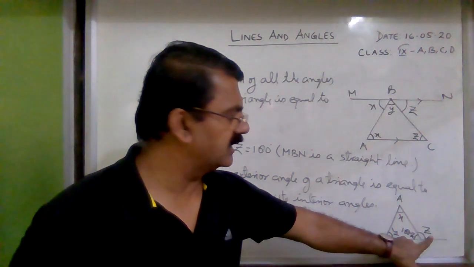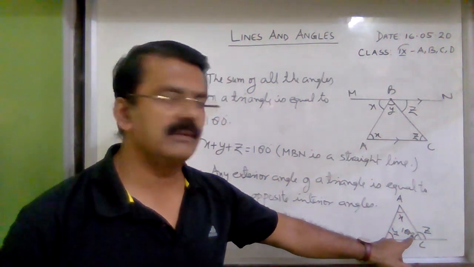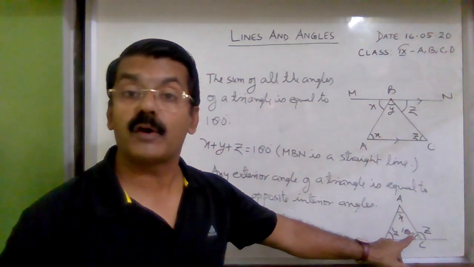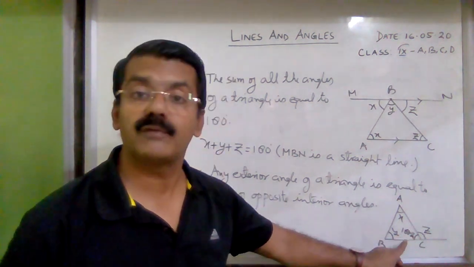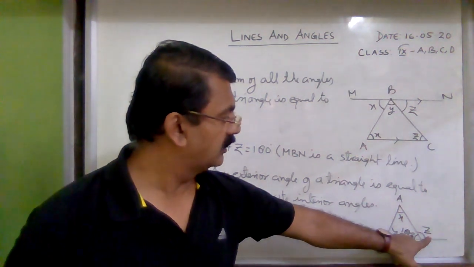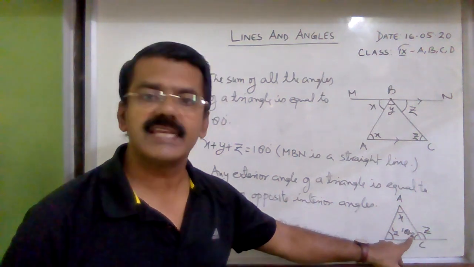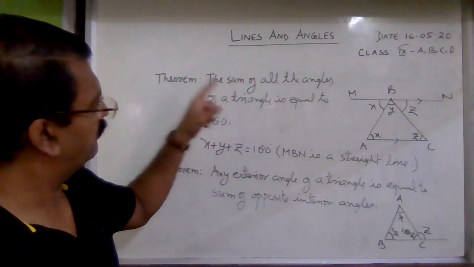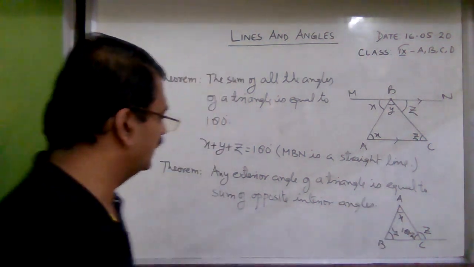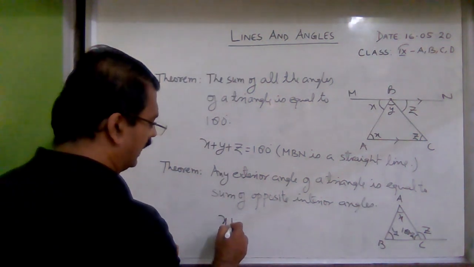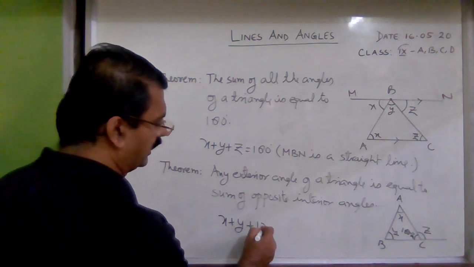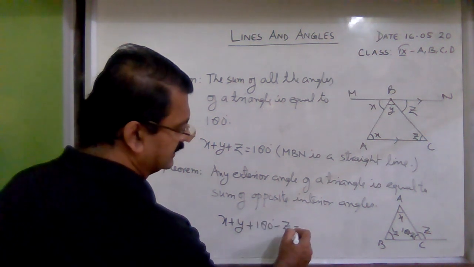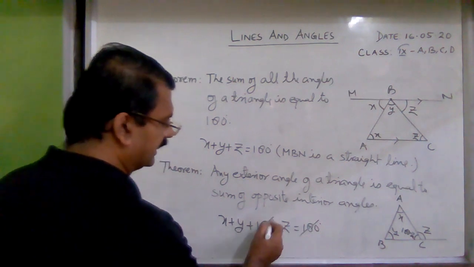You see, if this is Z, then this angle will be 180 minus Z because they are forming a linear pair. Now, using first theorem, that the sum of three angles of a triangle is 180, x plus y plus 180 minus z is equal to 180. 180 gets cancelled.